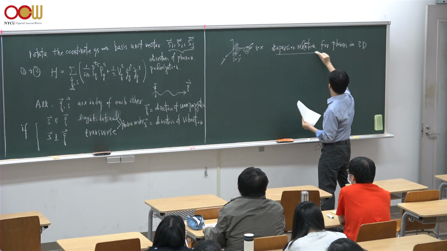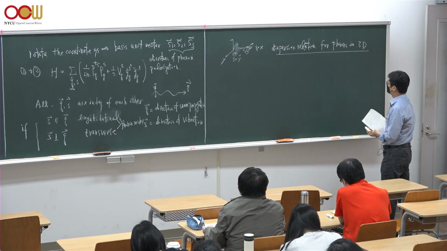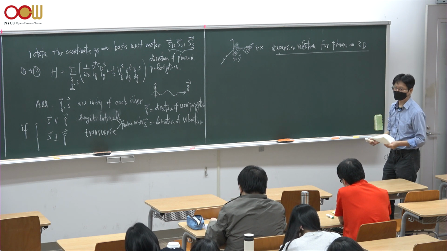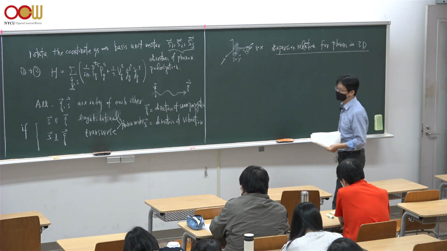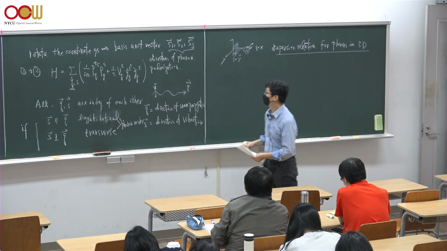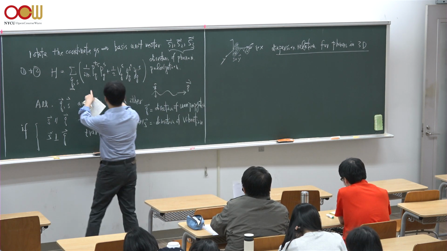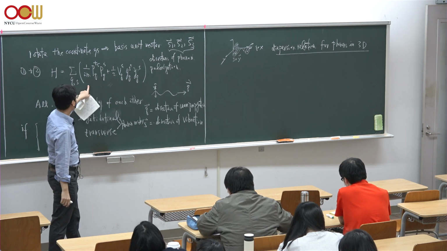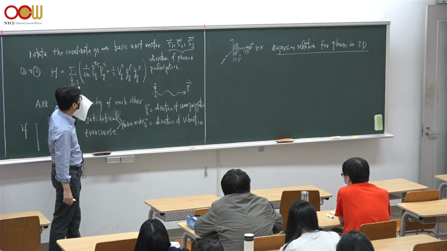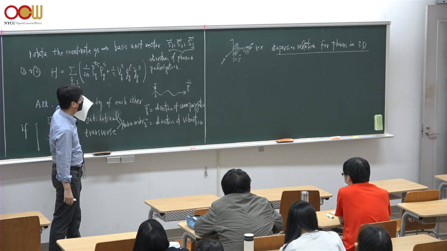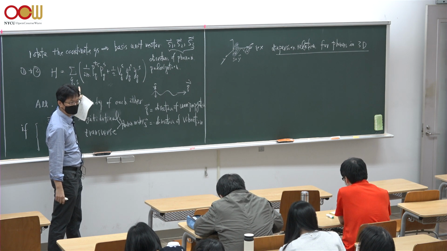We have calculated the dispersion relation for a one-dimensional phonon, which is nothing but the absolute value of a sine function, right? And here we have a very similar situation, except now, apart from this index s, the direction of phonon polarization, everything else is the same as the one-dimensional phonon.